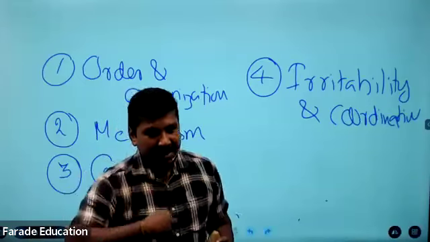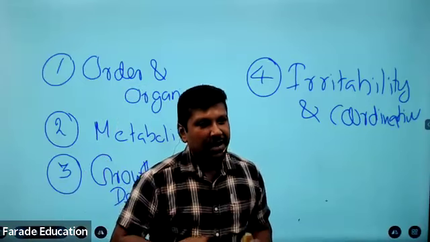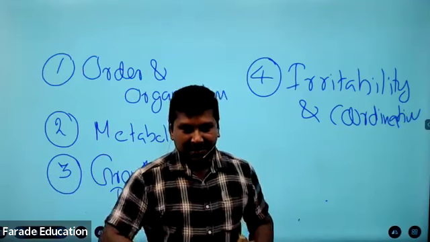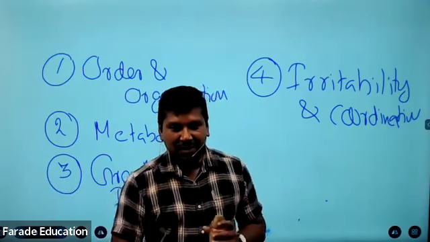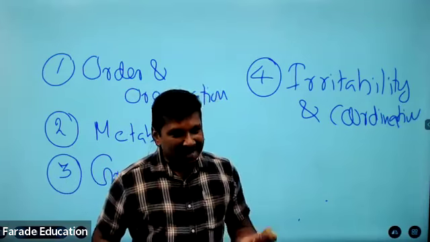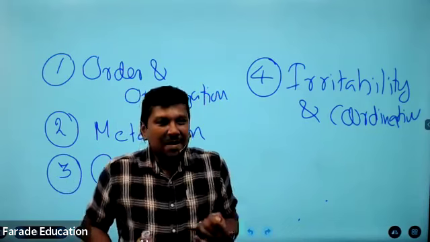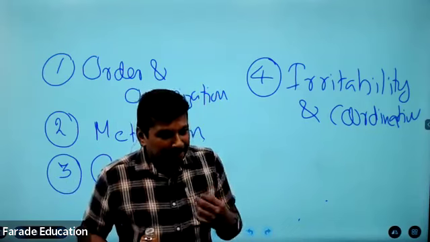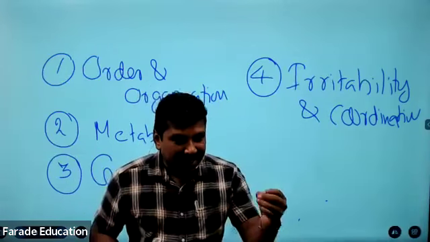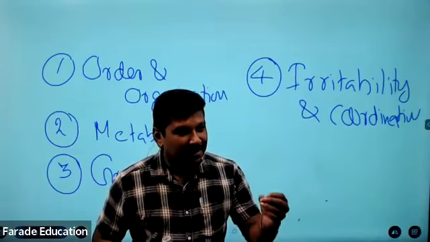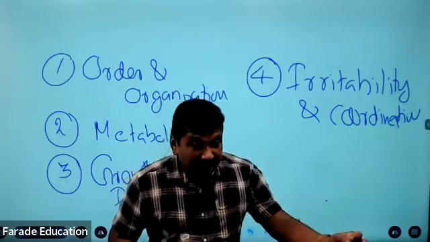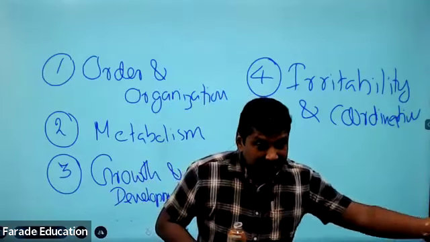Now, one of my internal stimuli at the moment is I feel thirsty, right? So that is a stimulus. My irritability means I am responding to that. I am having a sip of water. So that feature is known as irritability. Simply, what is meant by that? Ability to respond to a stimulus.